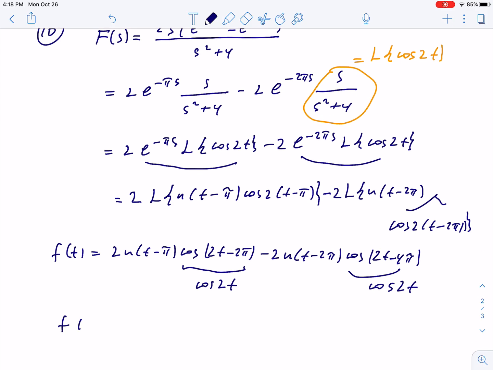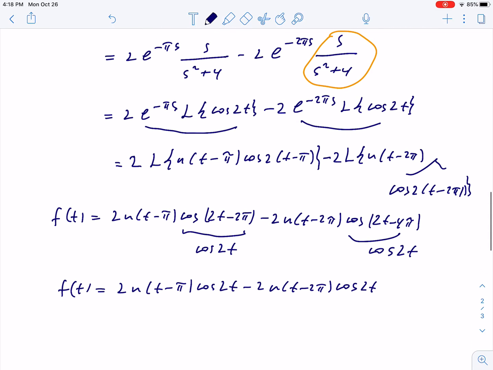I can write f(t) equals 2 times u(t minus pi) cosine 2t minus 2 times u(t minus 2 pi), again cosine 2t. Common factor. 2 times cosine 2t is a common factor.